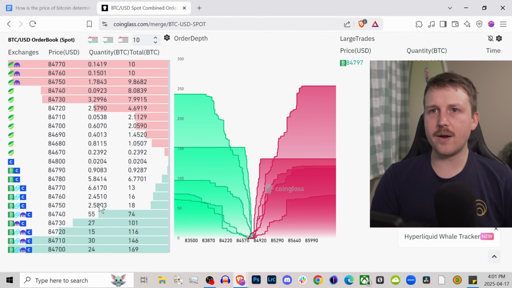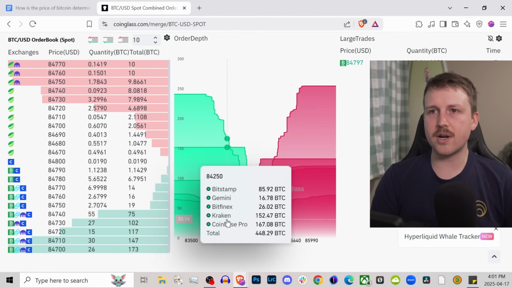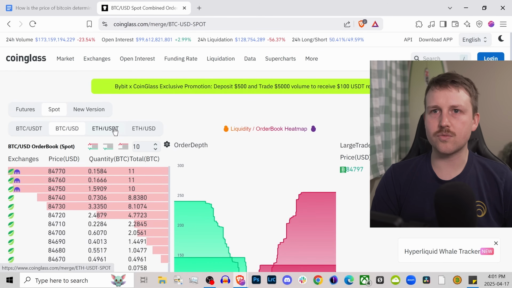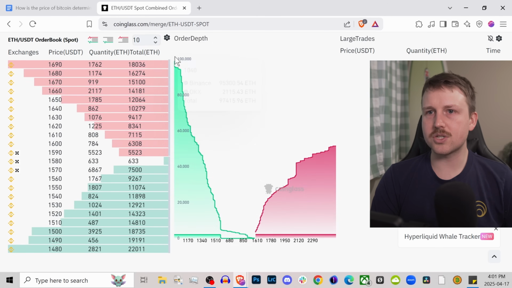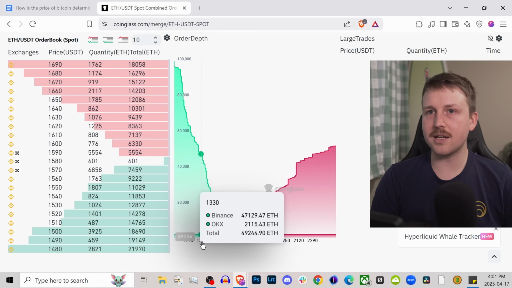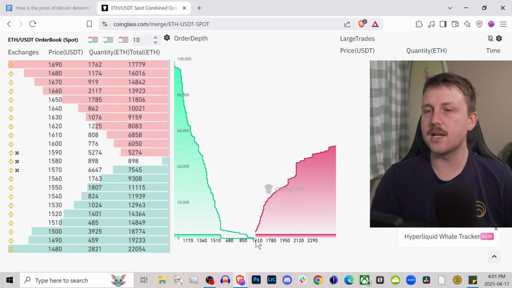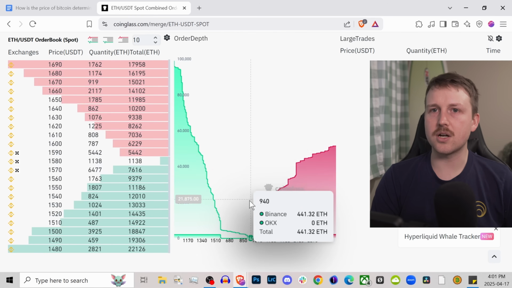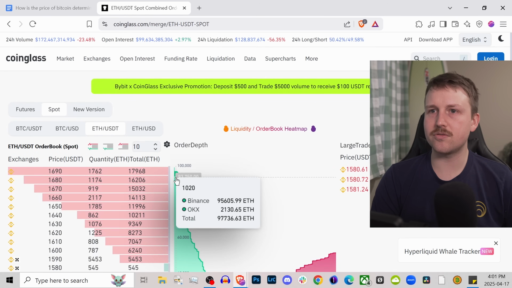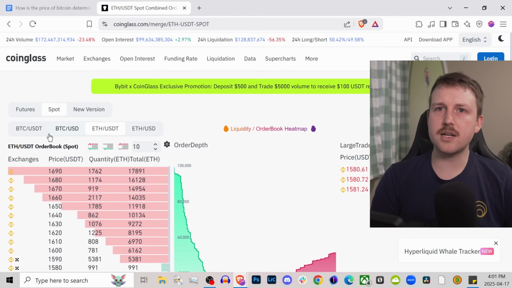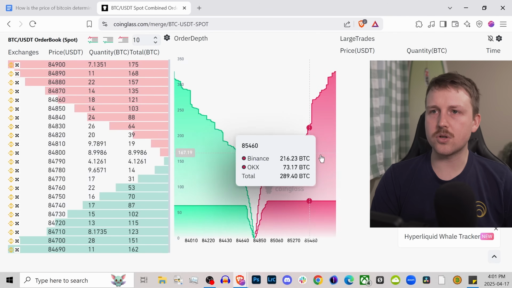I don't know how accurate all of this is, but it's a great visual to show you. And then of course, if we go to ETH and USDT, there's a whole bunch of people willing to buy, I guess, down here. I don't know why. And these are all the sellers here. Not sure why anybody would want that amount of ETH. Anyway, that is basically showing what is going on here.